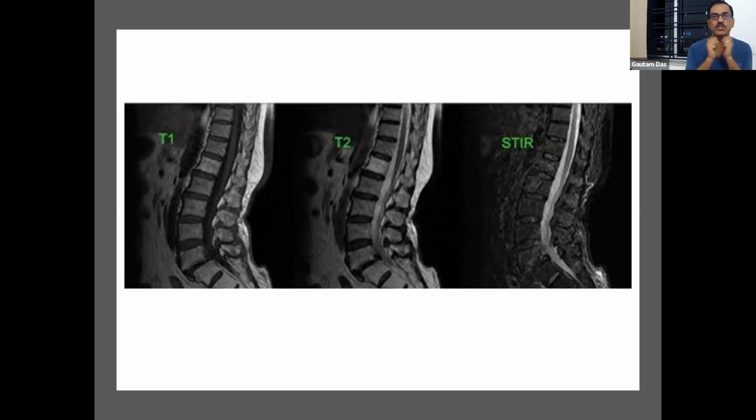Normally, it is the granulation tissues. The fibrous structures, the fresh, recent fibrous structures, will be uptaking it. That means if there is an epidural fibrosis, or if there is an infection, there will be granulation tissues. So that will be uptaking it, and that will be looking white. So where the gadolinium uptake is more, it will be looking more white.